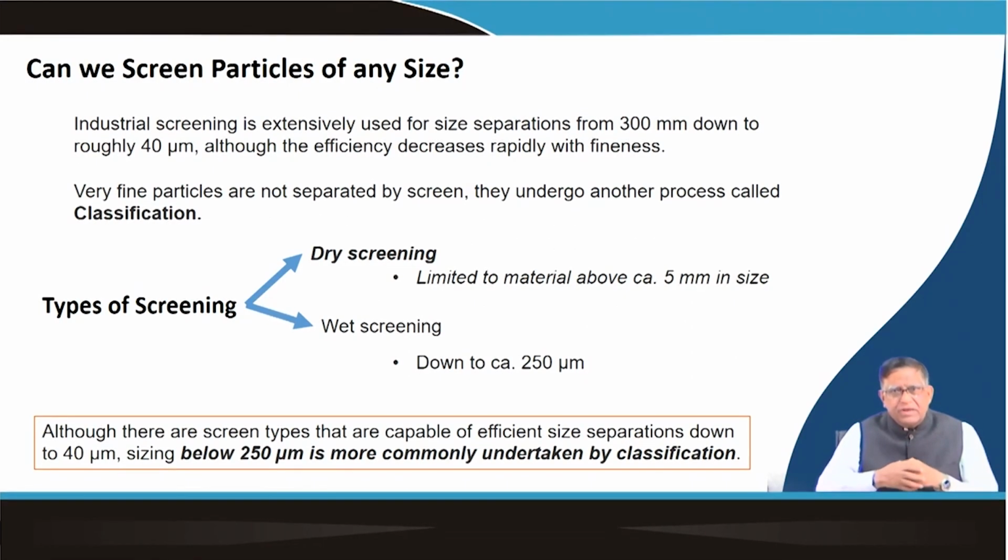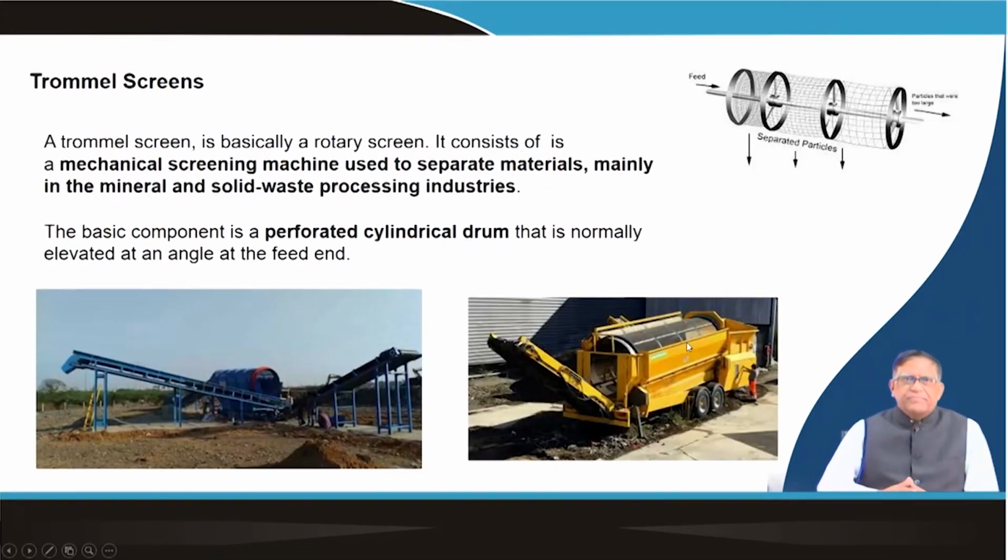Although there are screen types capable of efficient size separation up to 40 micron, sizing below 250 micron is difficult with this screening system. That is why in mineral processing they go for classification.